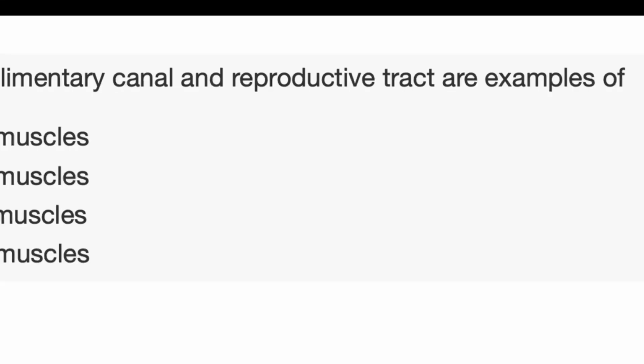What are such muscles made up of? Option A, skeletal muscles. Option B, visceral muscles. Option C, cardiac muscles. Option D, striated muscles. The muscles of the gut and the reproductive tract fall into which category?